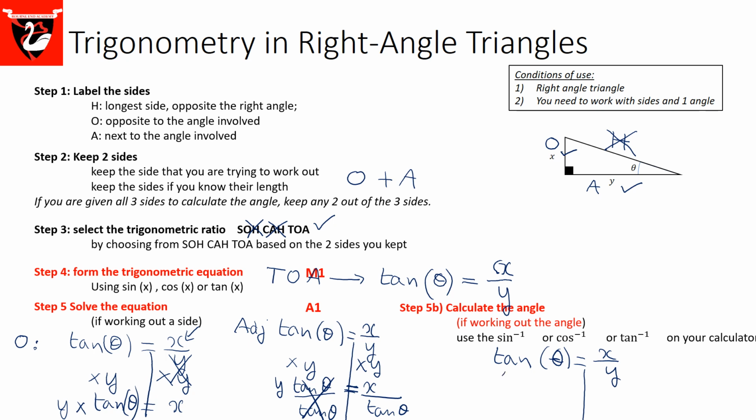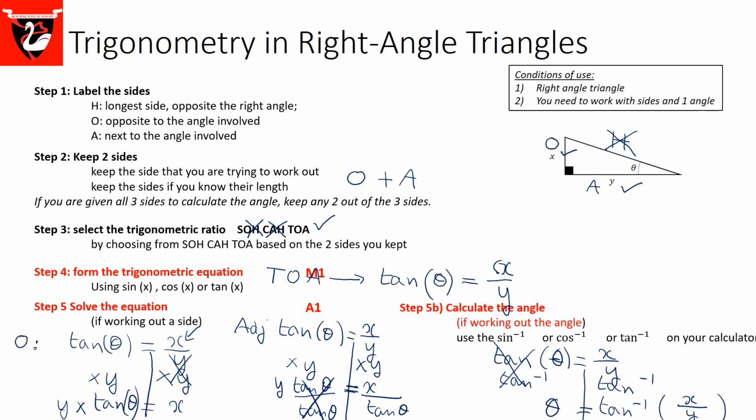And to do that, you're going to need to apply to each side the function that can be found on your calculator, which is tan minus 1. So on the left-hand side and on the right-hand side, you're going to cancel tan by doing tan minus 1. On the left-hand side, the tans are cancelled, you're left with theta. And on the right-hand side, you now have tan minus 1, and the argument you're going to put within tan minus 1 is going to be x over y.